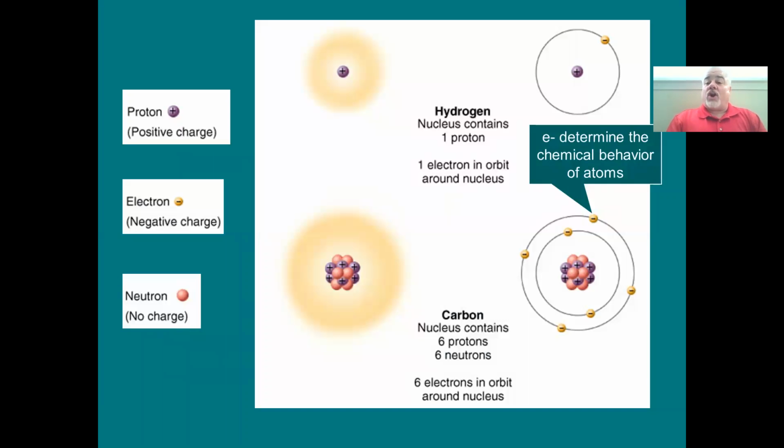So let's start by talking about an atom. Atoms are made up of three main components. And yes, you can dig down inside of these components to get even further components like quarks and gluons and what have you.